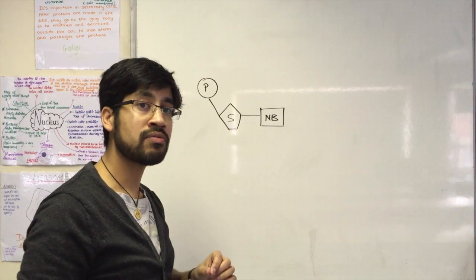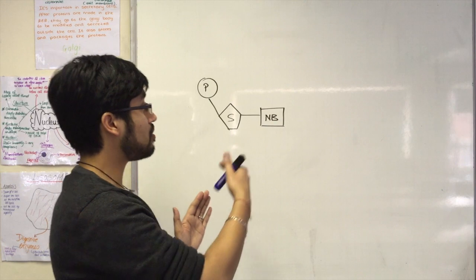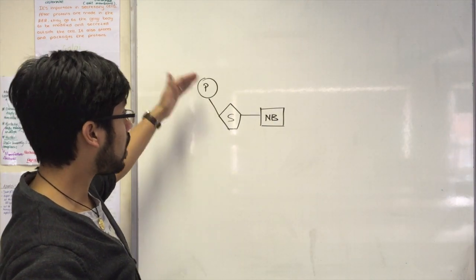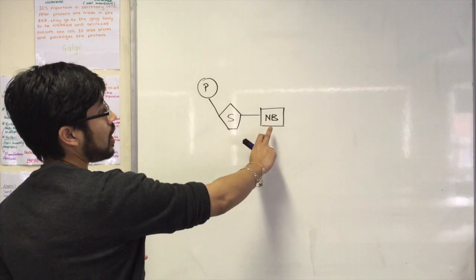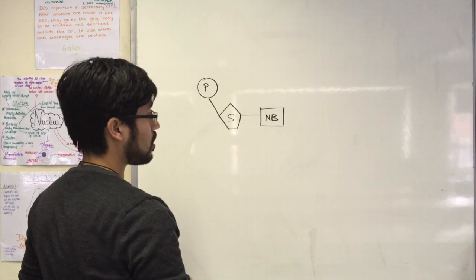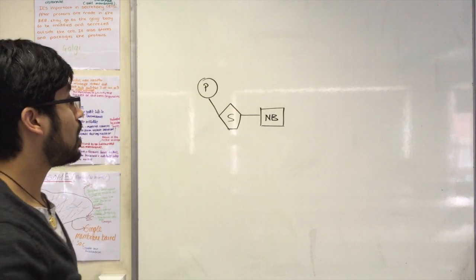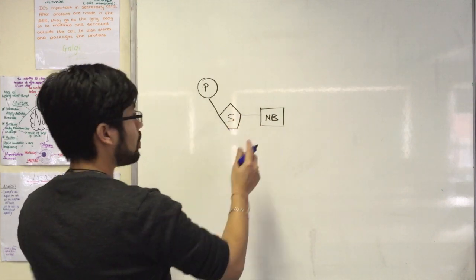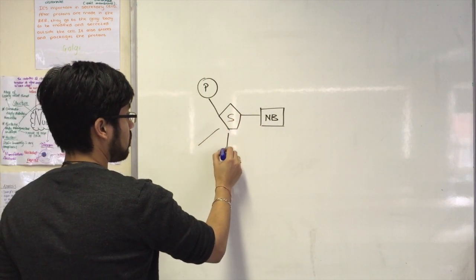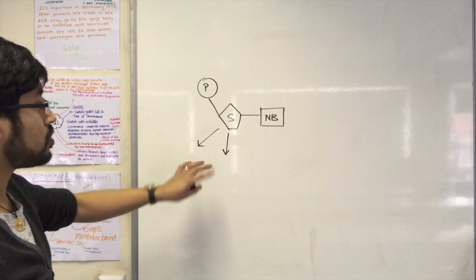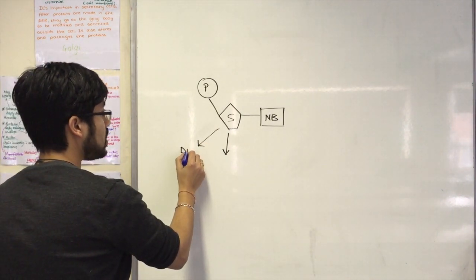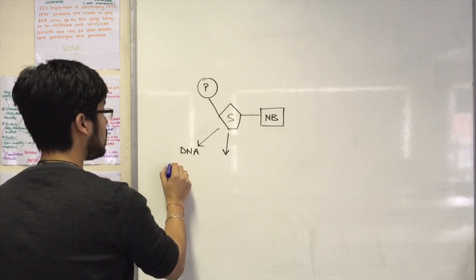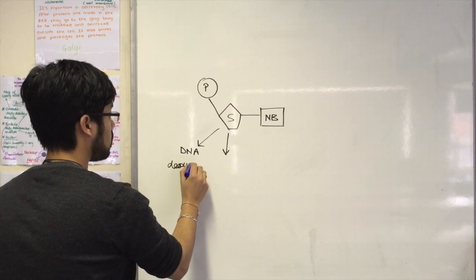You have different versions of that nucleotide, and what makes them different is not the phosphate or the sugar. They're always the same, but what you can have is different nitrogenous bases. Now there are 4 nitrogenous bases, so let's not get ourselves confused. The sugar can be of 2 types. If it's DNA, that sugar is going to be deoxyribose, always.